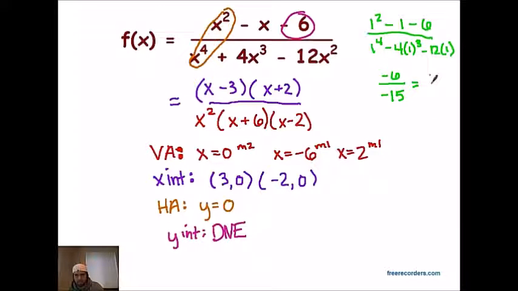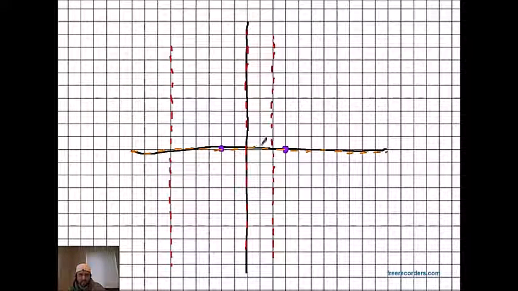The good news is that this becomes a positive 6/15, or you could reduce that into 2/5. Divide both top and bottom by 3. So if I got positive 2/5 for that coordinate point, that tells me it's going to be somewhere here. And that's actually going to be enough information to help me start my picture.